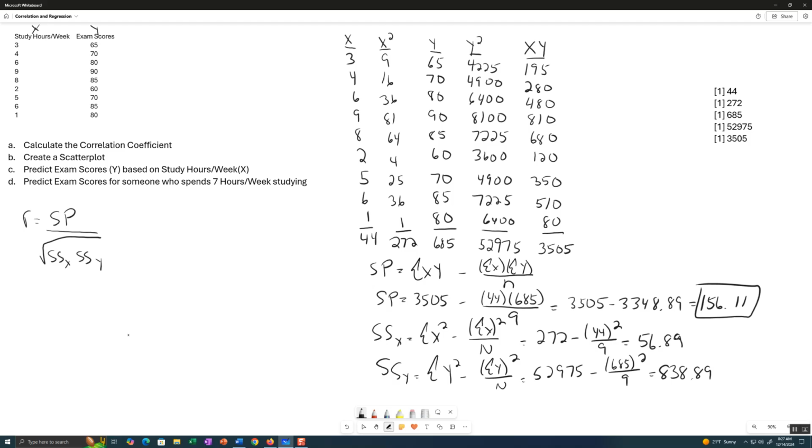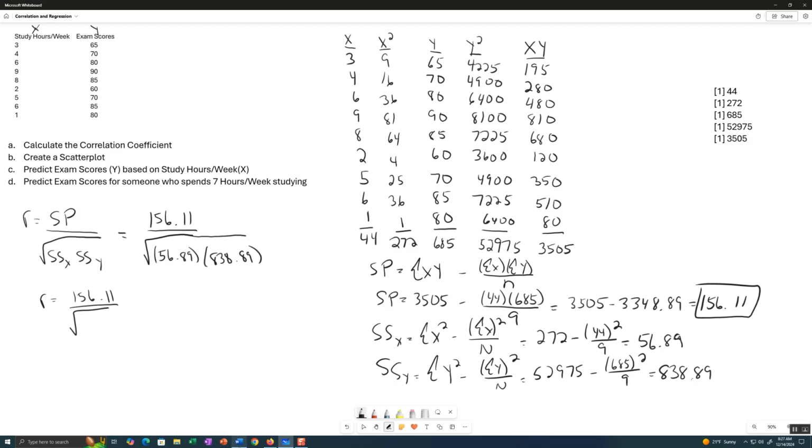So that's sum of squares of y, so I can solve this now. This is 156.11 on top. This is square root of these two values multiplied together. 56.89 times 838.89. So R is 156.11 on top.